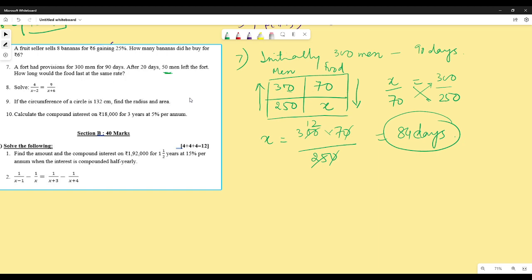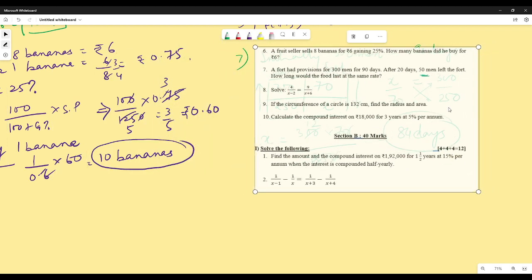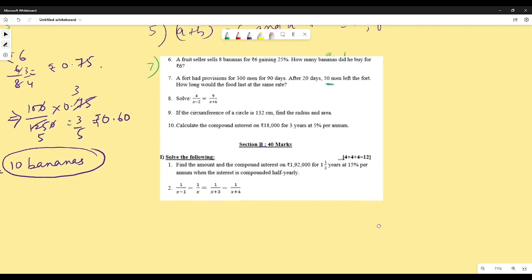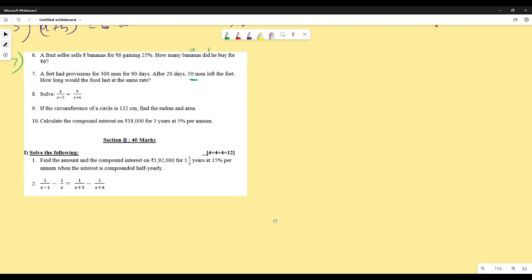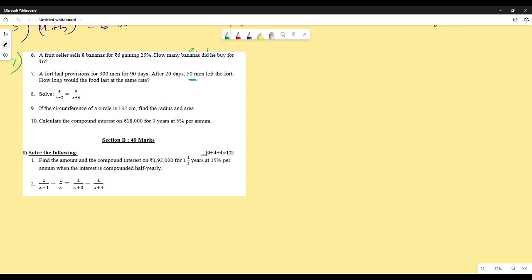Now let us solve this one over here. Let us take up this question. Question number 8. The equation is written as 4 by x minus 2 equals 9 by x plus 6.